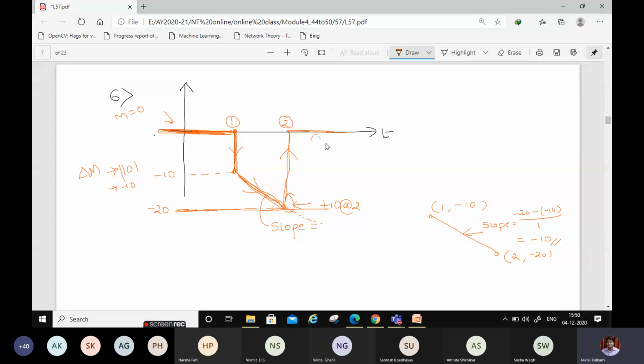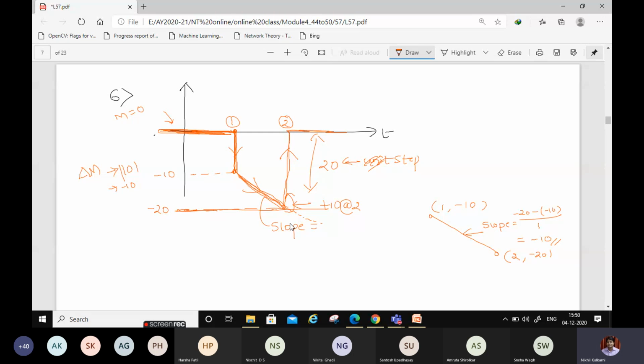So what is the difference? 20, right? So whenever there is a change, you have to adopt which signal? Unit step signal or step signal.